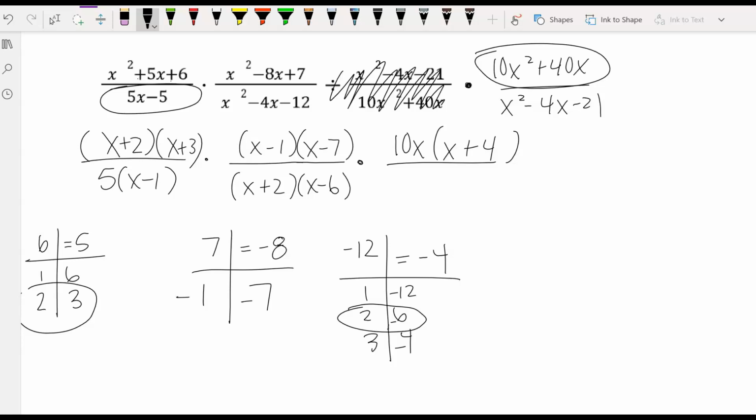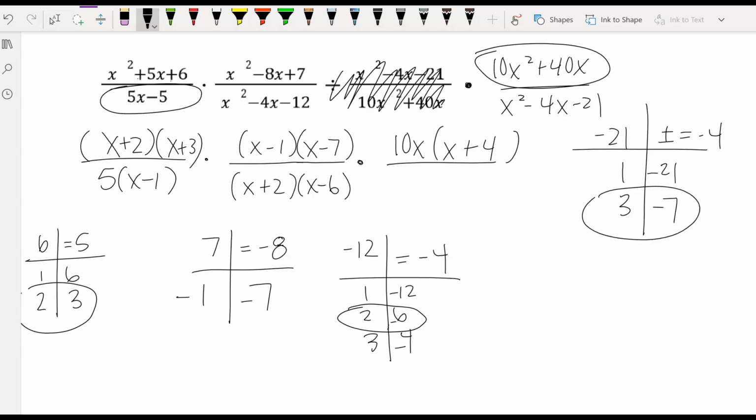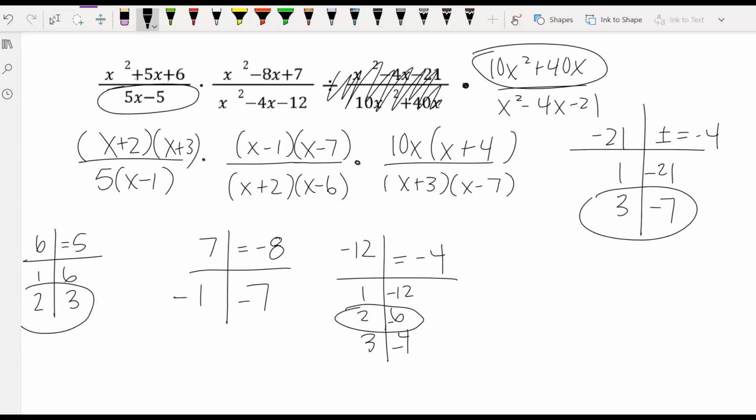And then our last one, so negative 21, add or subtract to equal negative 4. So 1 and 21, 3 and 7. It's that negative negative again, so big numbers negative. So (x + 3)(x - 7). That one was a lot.